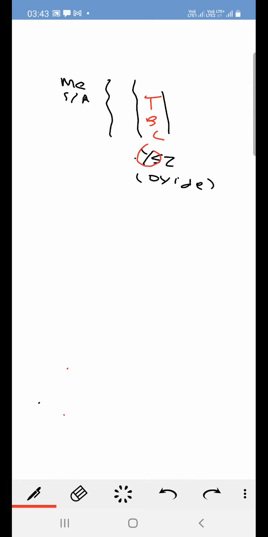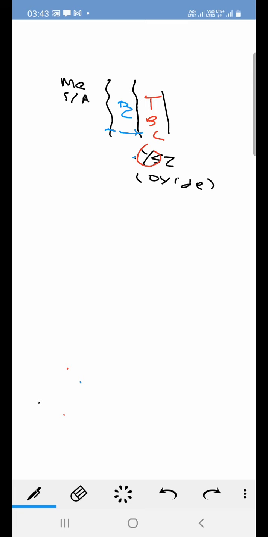What yttrium will do, it will transfer any failure. Suppose a failure has taken place here, between the metal, the superalloy junction and the bond coat junction. This is the bond coat. So what yttrium will do, it will shift the failure from this junction to this junction, to the oxide part.